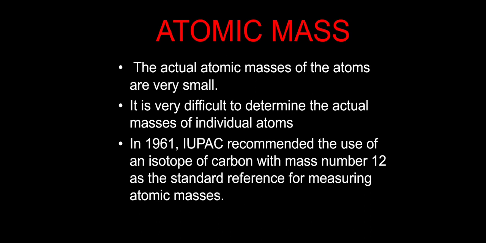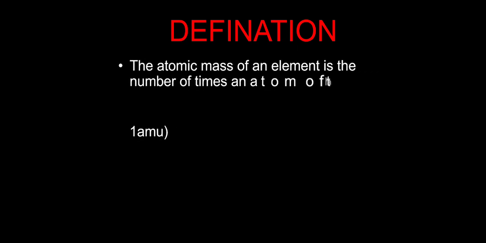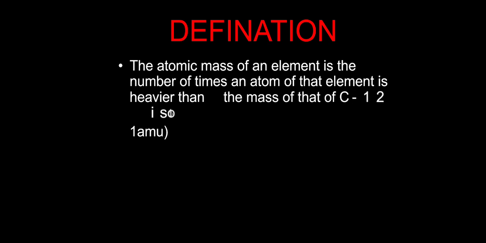Now let us move into the definition and see what we mean by atomic mass. The atomic mass of an element is the number of times an atom of that element is heavier than 1/12 the mass of the carbon-12 isotope, or we call it 1 AMU. As I have told you, it is the number of times it is heavier than the reference element.